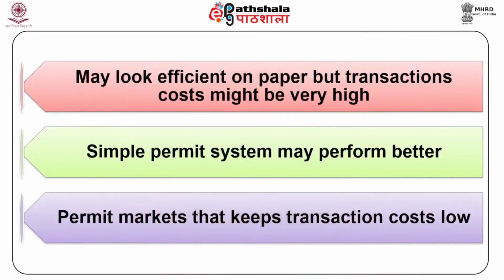A well designed but complex system of ambient pollution permits may look efficient on paper, but the transaction cost associated with it might be very high. A simple permit system may perform better in this regard. Thus, permit markets may be designed in a manner that keeps the transaction cost low.